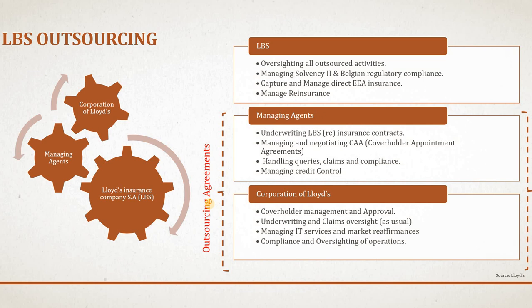The terms of such appointment will be governed by the existing CAA, or cover holder appointment agreement. Again, if you are not aware of the CAA, you can go back to my previous presentation where I discussed the cover holder appointment agreement. And last but not least, the managing agent oversees the activities of the cover holders they have appointed on behalf of LBS, so that they perform all the operations as per expectation.